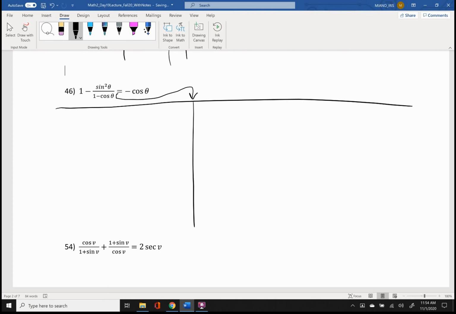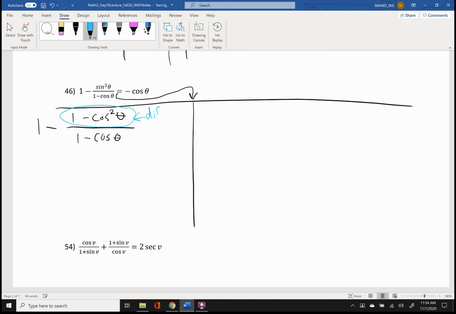And then I'm going to do some fun, clever factoring. Okay, so here we go. Instead of sine squared theta, it's going to become 1 minus cosine squared theta in the numerator, followed below by a cosine theta, 1 minus cosine theta, that is. And then I'm going to factor this guy right here.